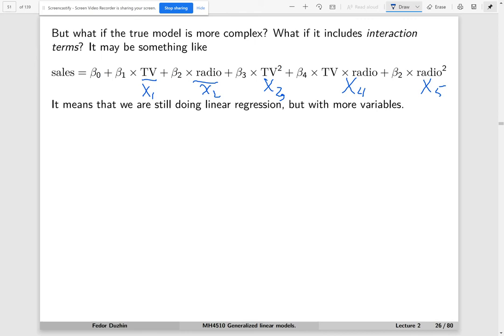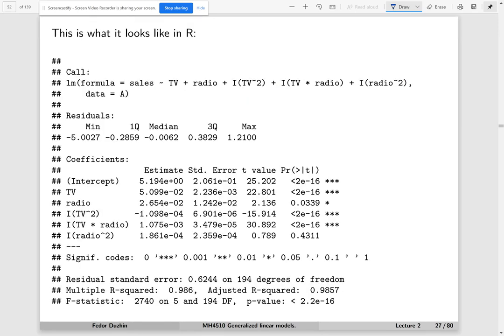It's still a linear model, but with more variables, right? So this is a polynomial regression, but as a matter of fact, it is still a linear model. So this is what it looks like in R, right? This is how I fit it. You're going to do it in the lab, don't worry. And below is the summary.